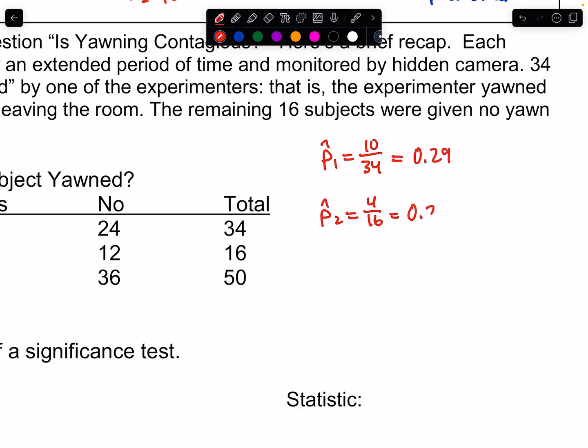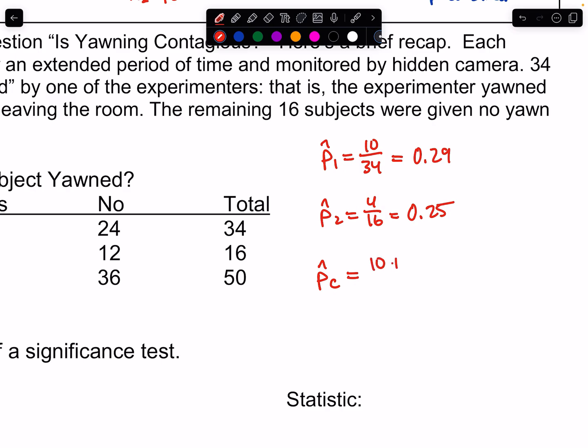Which is 0.25. And then we just talked about this. We also want a p combined. So what was the combined proportion here? And so here's how it works. We're going to take the 10 and the 4, the actual successes from sample 1 and sample 2. Those are going to make up our numerator.